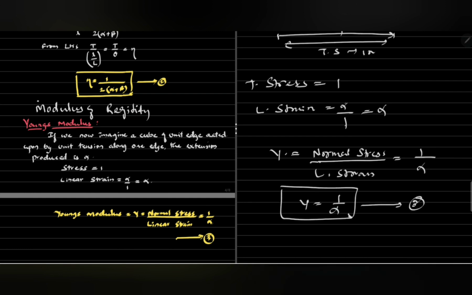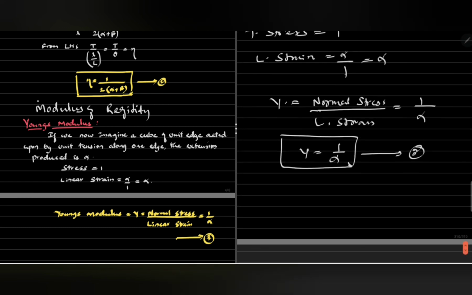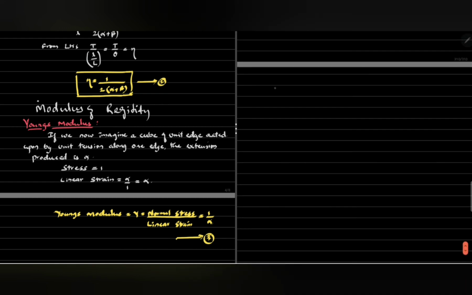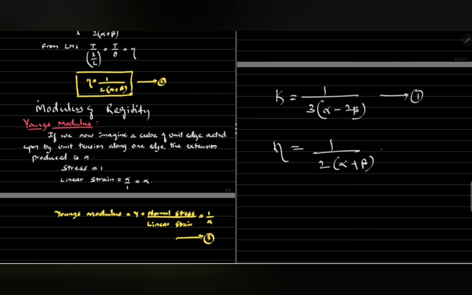So equation 1 is the bulk modulus K equals 1 divided by 3 into bracket alpha minus 2 beta. This is the equation we have derived, and next eta equals 1 divided by 2 into bracket alpha plus beta. So equation 2 we have derived, and equation 3 is Y equals 1 divided by alpha.